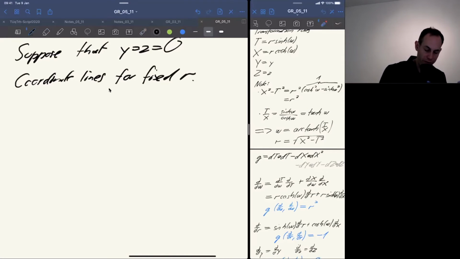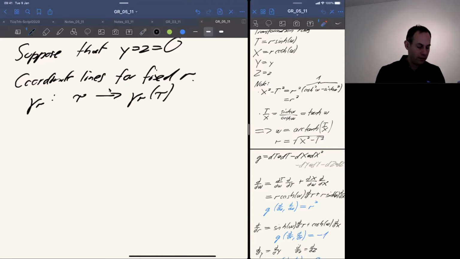These are, of course, curves. We call them gamma with a little r, because it's a whole family of curves. Each curve is parameterized by a curve parameter tau, so gamma_r(tau). I need to make sure, as is our usual convention when we write tau, that when I later calculate the length of the direction vector of the curve, it should be 1.